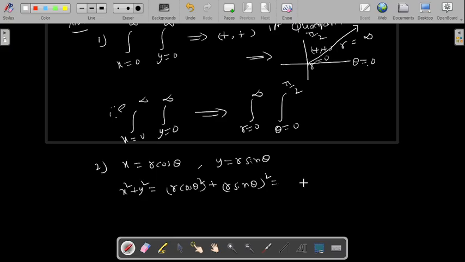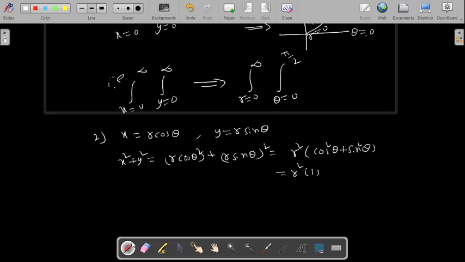Taking r square common, cos square theta plus sin square theta, that is r square into 1. Therefore x square plus y square equals r square. This is the second note point.